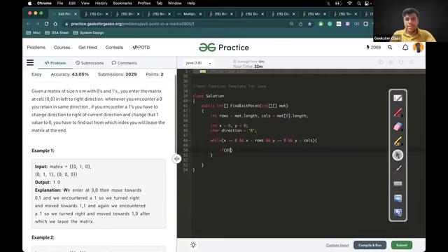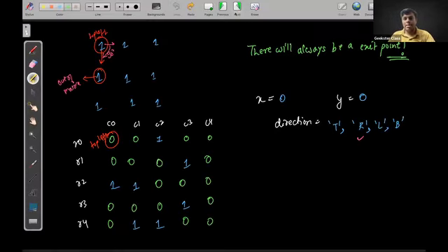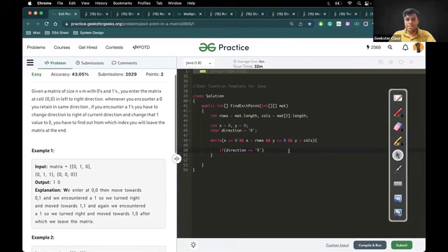So if the direction is right, what are we doing? We are increasing the column, y plus plus. Else, if the direction is left, we are decreasing the column, y minus minus.